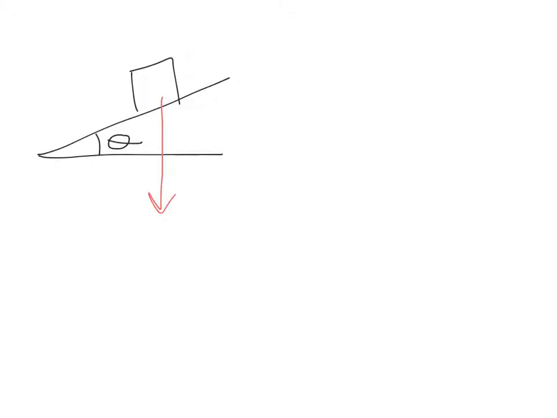We've got Fg, we've got normal force, and of course we break this up into Fgy and Fgx. And of course the angle in here, this angle, is the same as that angle. So far, everything is the same.